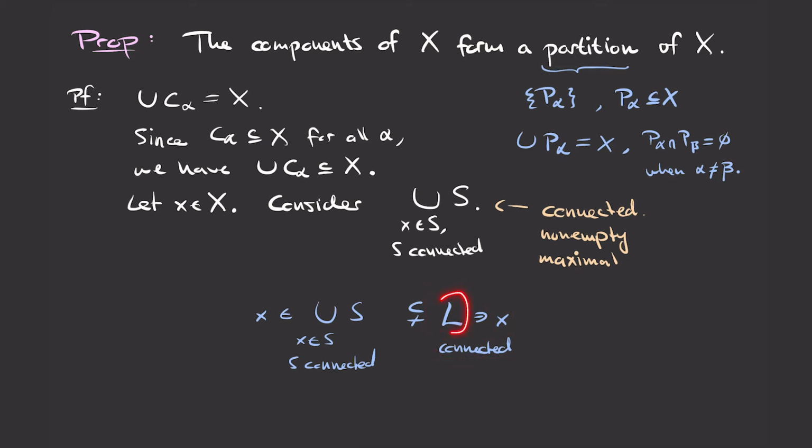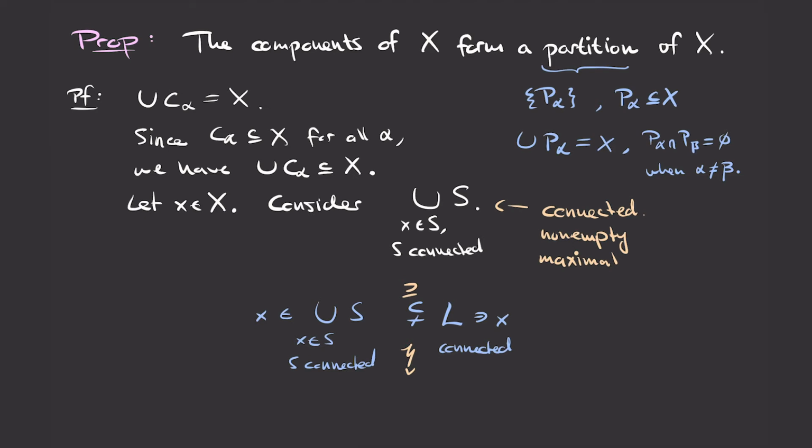But this means that L satisfies these two hypotheses here on the subsets we're unioning over. So L is actually one of the subsets S that occurs in this union, and therefore L is actually a subset of this union, and this is a contradiction to the fact that we've assumed that the union is strictly contained within L, and this contradiction proves the maximality of this union.